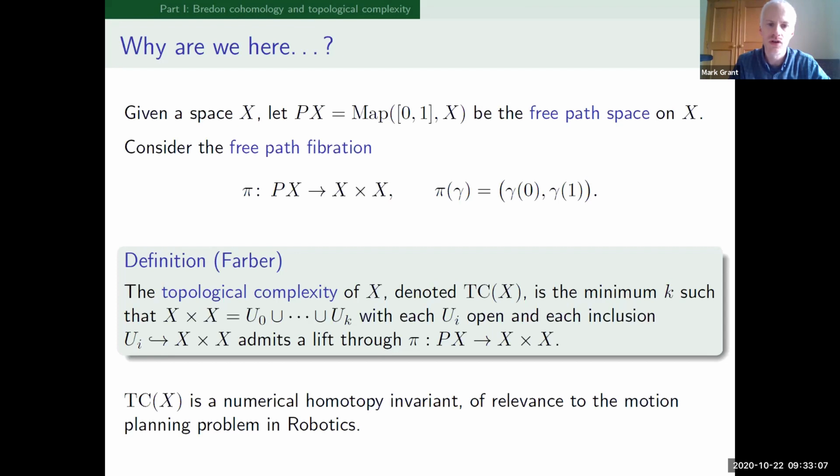It can be described as the sectional category of the free path fibration over X times X, which sends a path to its pair of endpoints. So we're looking for the smallest k such that there is a cover of X times X by k+1 sets. I'm using the normalized version of TC here, on each of which we have a local section or a lift through the projection of this fiber map.